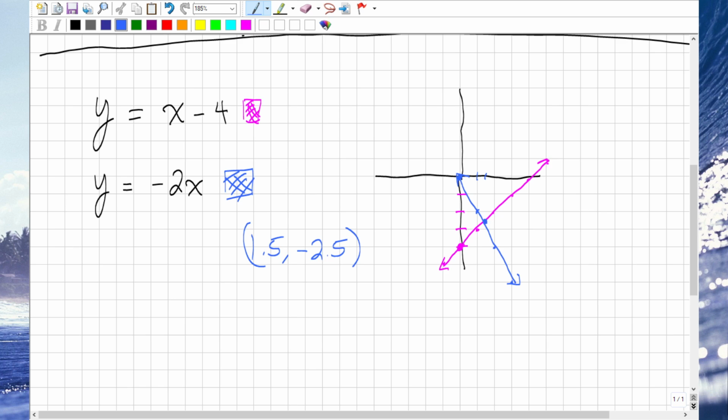So in essence, we just graphed and saw where they intersect, just like yesterday's lesson.